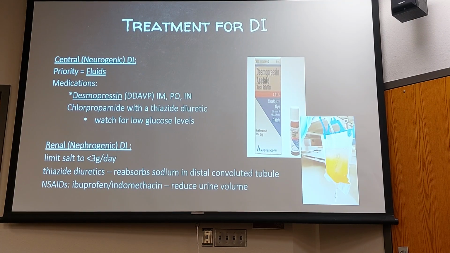So we've swung the other way here. We're getting rid of too much water. We want to hold on to water. So if we can trick our body into holding on to water by holding on to sodium, this thiazide diuretic can do that. So yes, we're going to lose a little water, but it's that sodium that's going to try to help retain some of it. So I know it seems counterintuitive to think about a diuretic when we're already losing water, but it's about that sodium that we can hold on to.